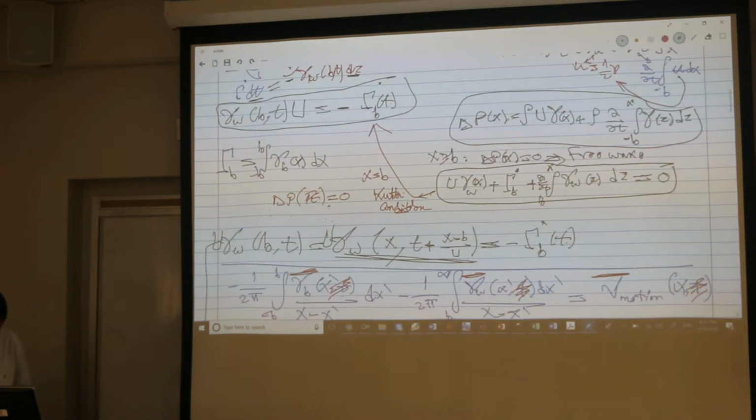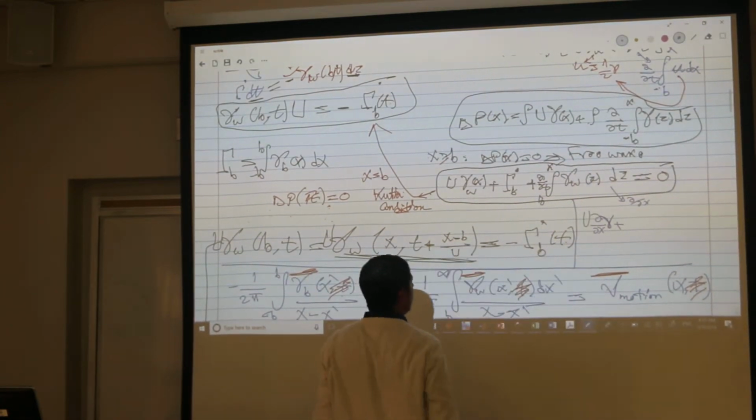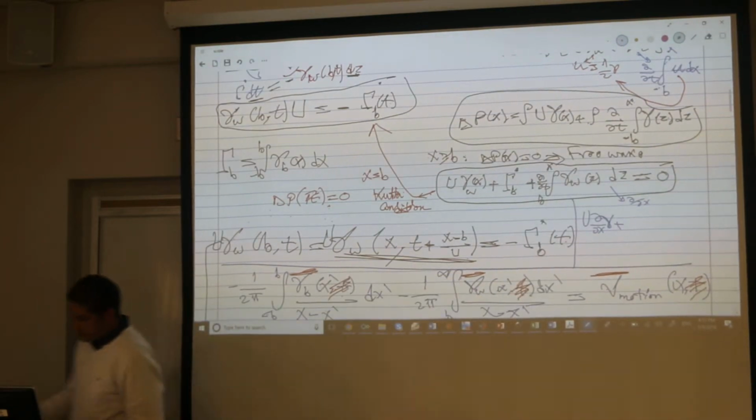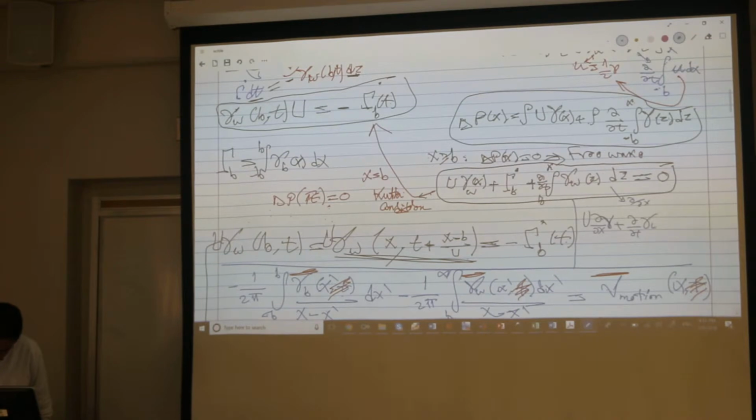Let's differentiate this equation with respect to x, partial x, which we wanted to do before. So you get U partial x gamma plus this guy goes away, and here if you apply the Leibniz rule, you get this evaluated at the upper limit. So you get partial t for gamma wake.